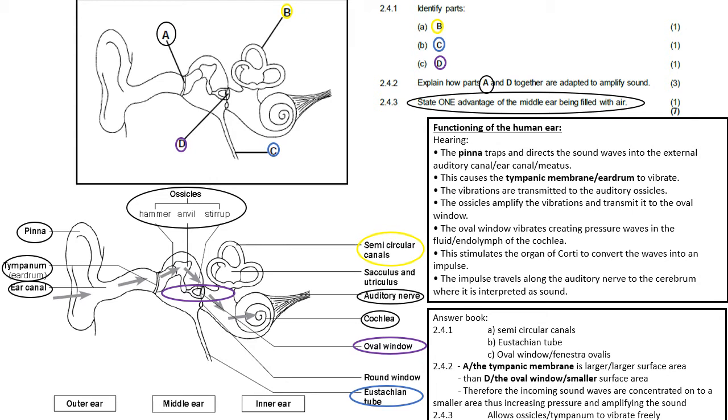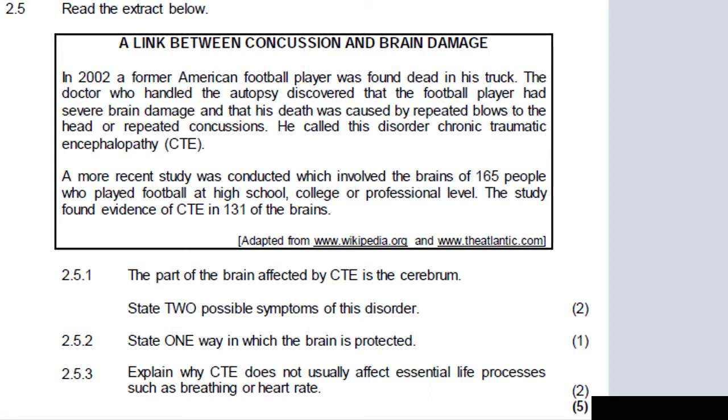Question 2.5. Read the extract below. A link between concussion and brain damage. In 2002, a former American football player was found dead in his truck. The doctor who handled the autopsy discovered that the football player had severe brain damage and that his death was caused by repeated blows to the head or repeated concussions.